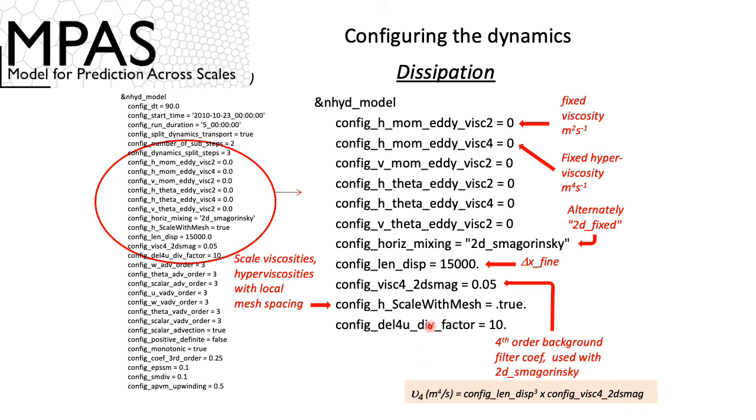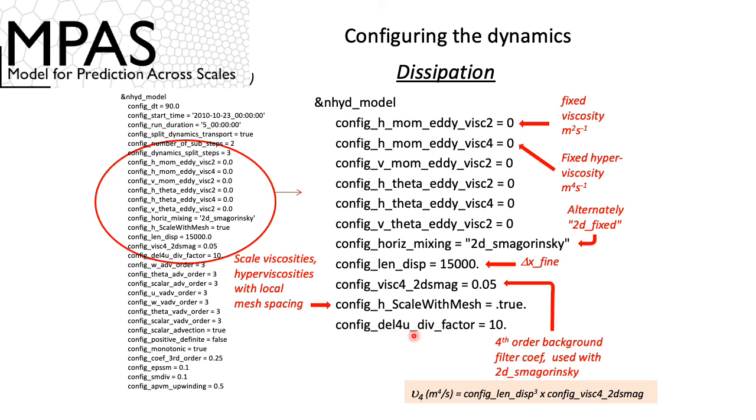Finally, there's one more parameter I want to point out, this del4U div factor. This is used in the dissipation of the horizontal momentum for the fourth order filter. That's where the 4 comes in here.